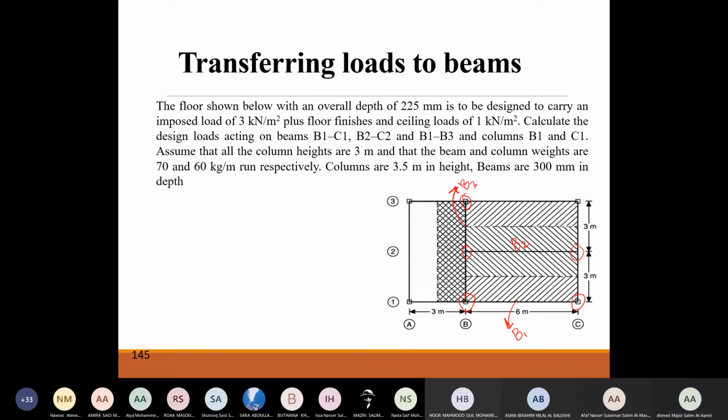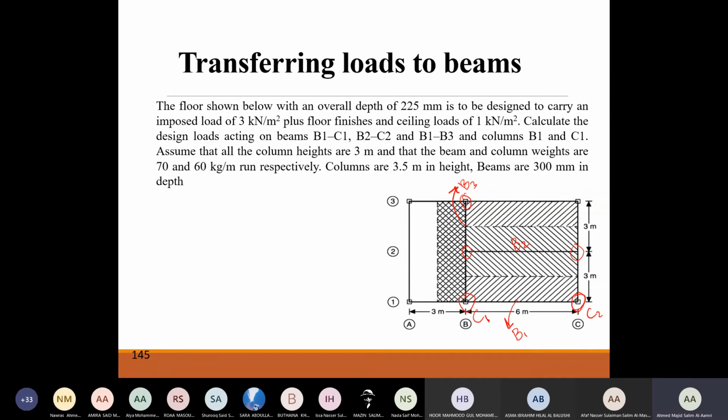And then we have columns B1 and C1. You are requested to calculate B1, so this column is column number 1, and then we have C1, which is going to be your column number 2. So you are requested to calculate for 3 beams and 2 columns.